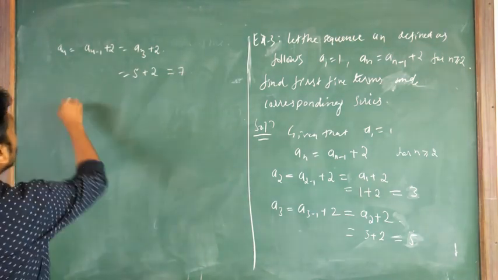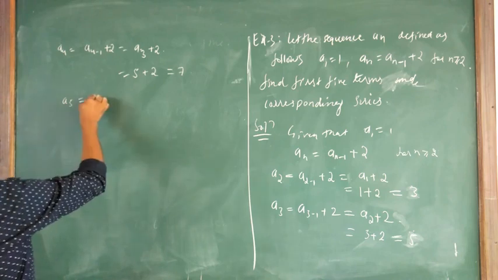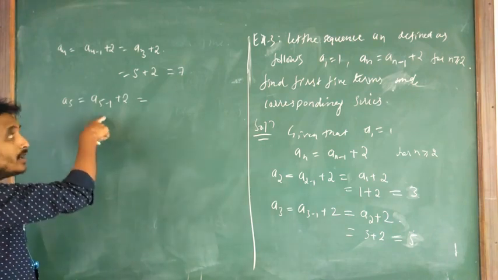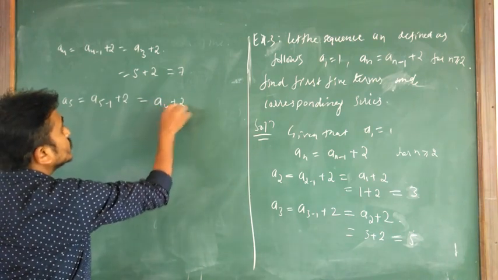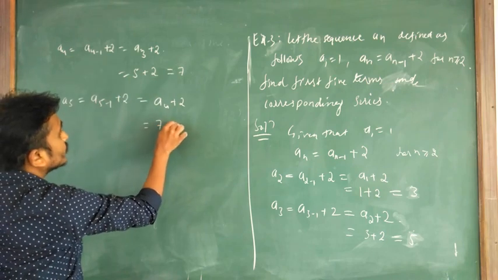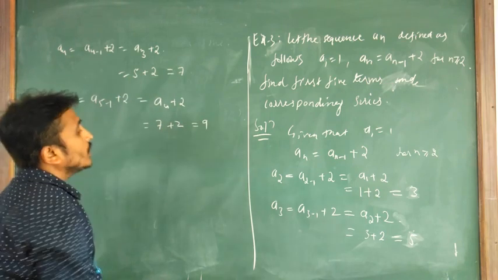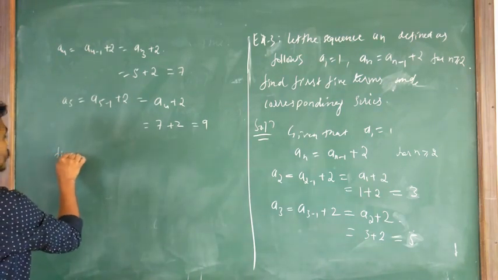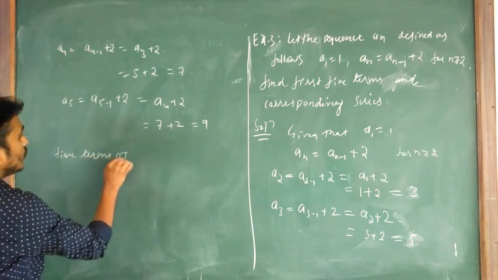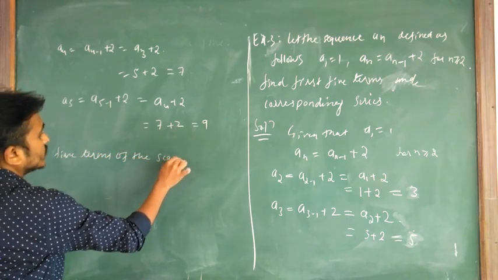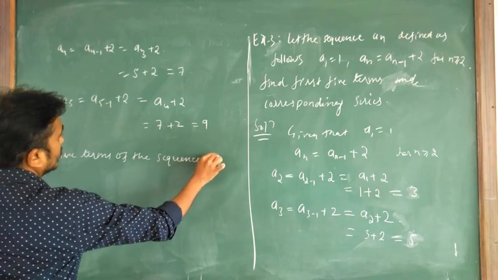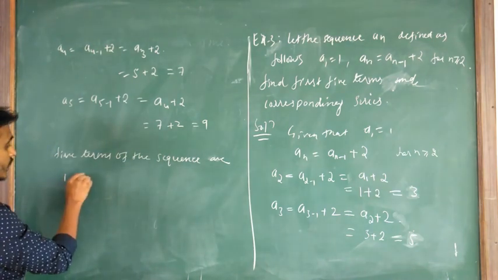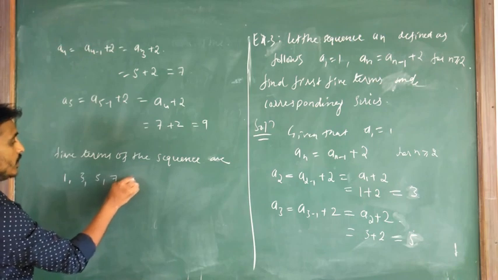Next, a5 equals a5 minus 1 plus 2, which is a4 plus 2. a4 is 7, so 7 plus 2 equals 9.